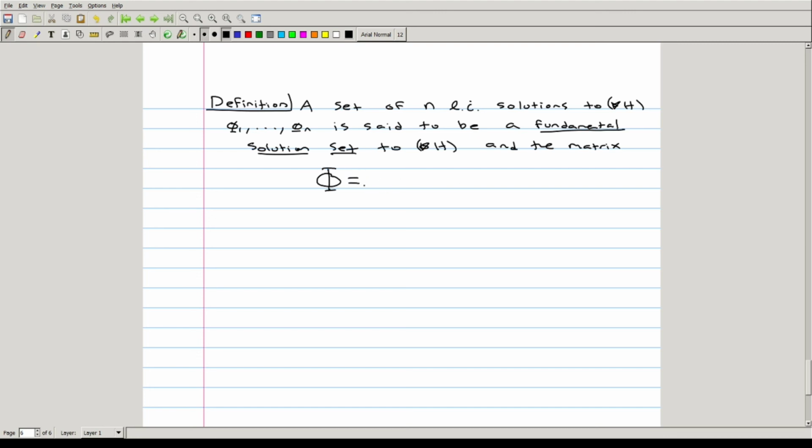That's built up by taking each one of these fundamental solutions, phi 1 through phi n, and making it a column of the matrix phi. This will be phi 1 of t is the first column of this matrix, and this is a matrix of functions. So phi1 of t, phi2 of t, all the way to phi(n) of t.